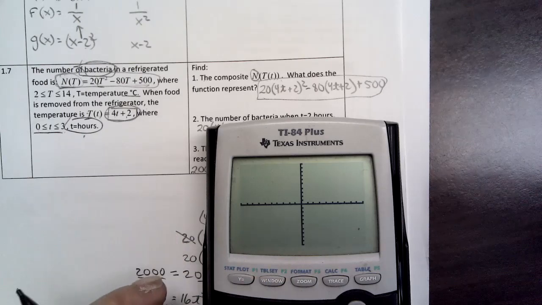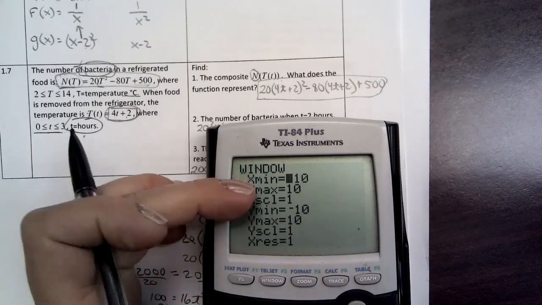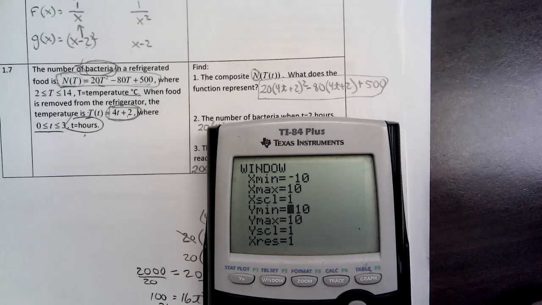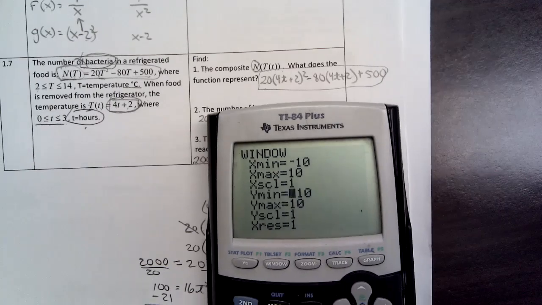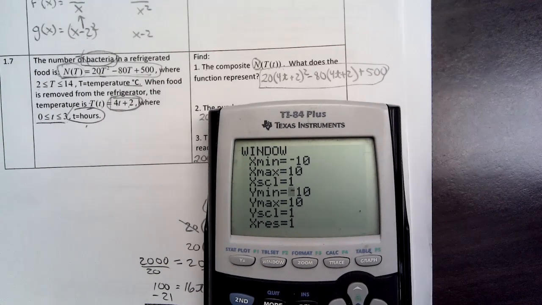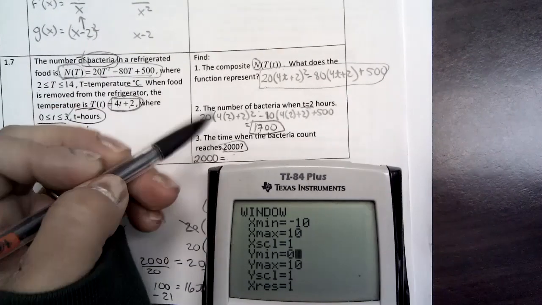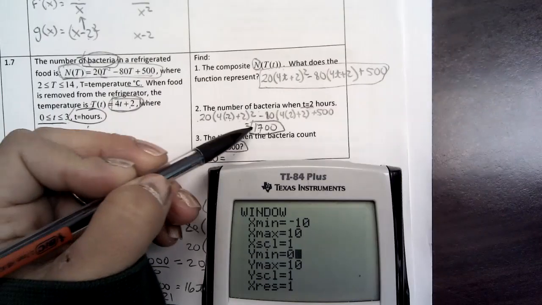So for our window, our X-min and X-max we'll leave here for now. We've already solved it, so we do know, but if we didn't know, I would put my Y-min at 0, and I would say, well, I know that for 2 hours, it's 1,700.